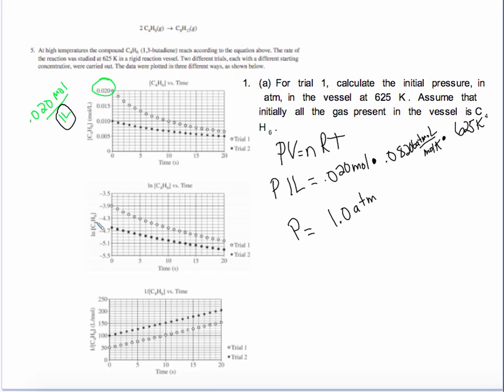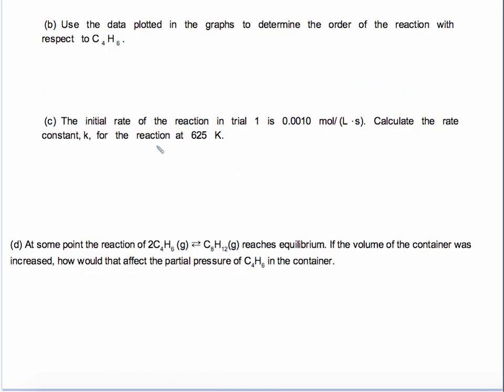If natural log of a concentration over time is a straight line, it's first order. And if you look, this one is the inverse of that, 1 over the concentration. And so then this ends up being second order. So that's how you can tell it's second order. All right. So it's second order.